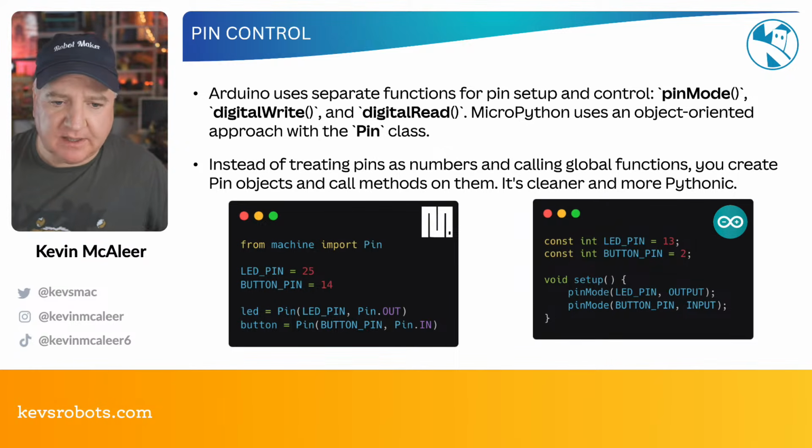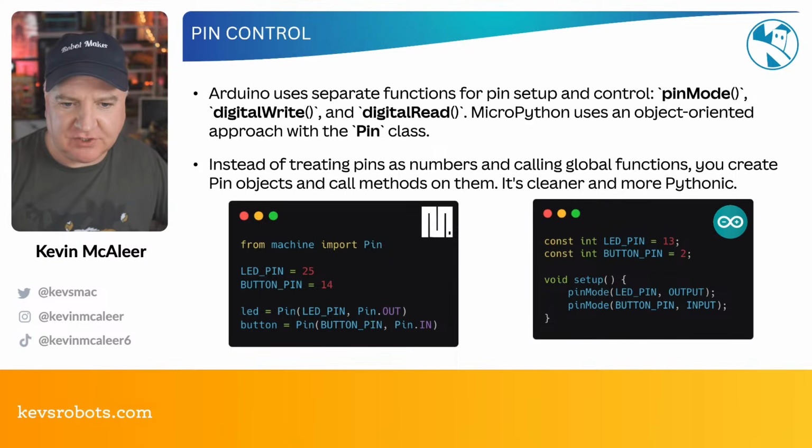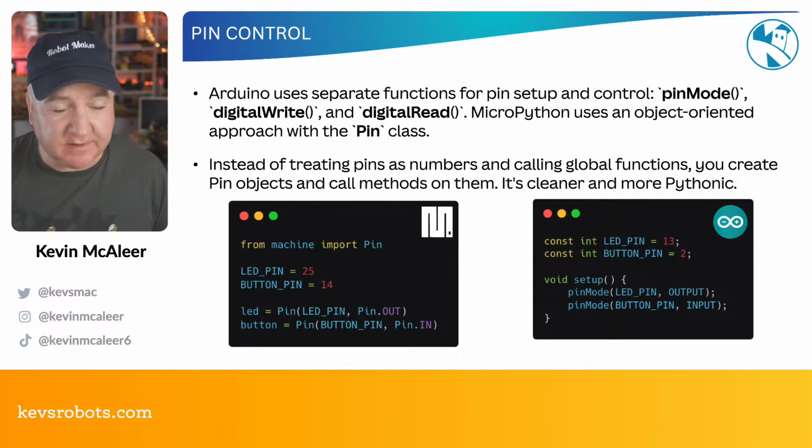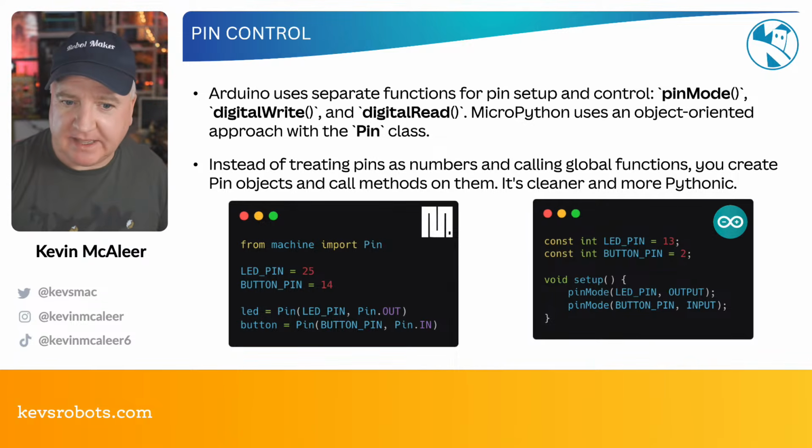On Arduino, we say it's a constant integer, LED pin 13, constant integer, button pin equals 2. And then in our setup, we say pin mode, LED pin is an output, pin mode, button pin is an input. So it's the same kind of thing that's happening, just a bit different syntax. You'll also notice stylistically, when in Python and MicroPython we define a constant value, we always put that in uppercase.